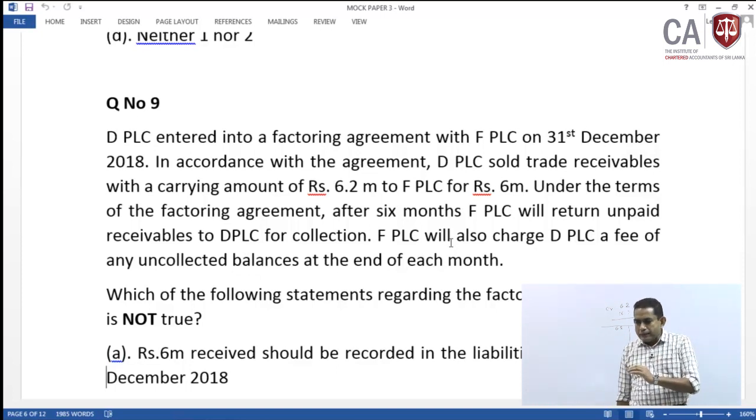But in 6 months' time, the factoring company will transfer any uncollected debtors back to DPLC. What does it say? Maybe the terms and conditions agreed upon with the factoring company are such that the factoring company is not prepared to take over the risk of debtors. Default risk is not taken over by the factoring company.